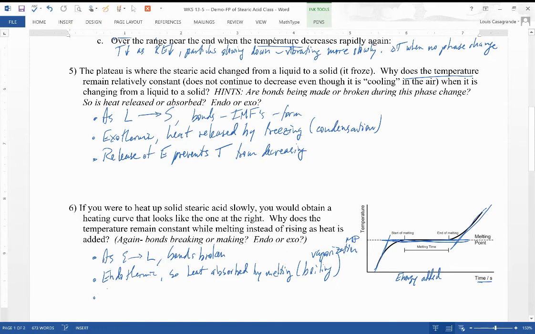And the temperature stays constant as the heat is used to break bonds.